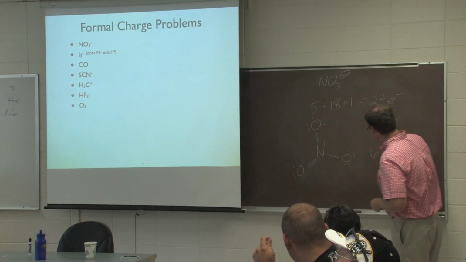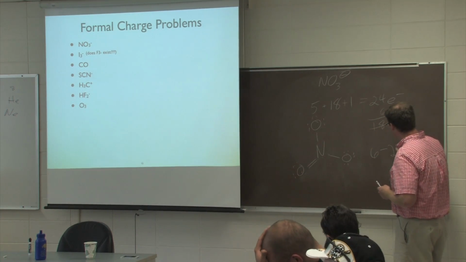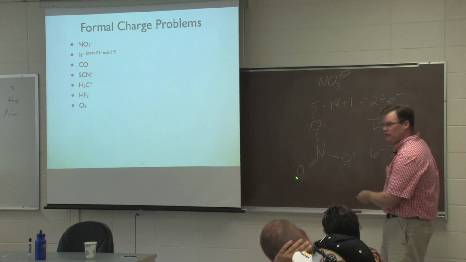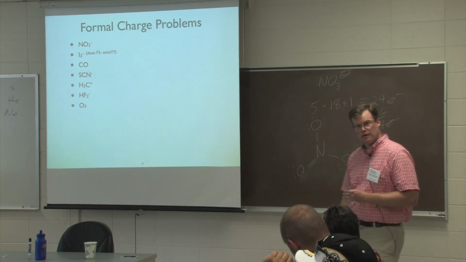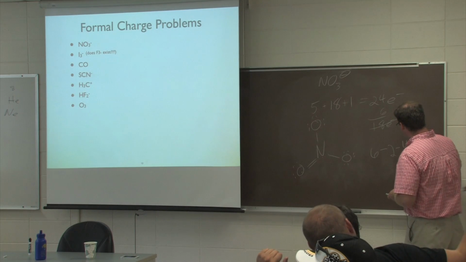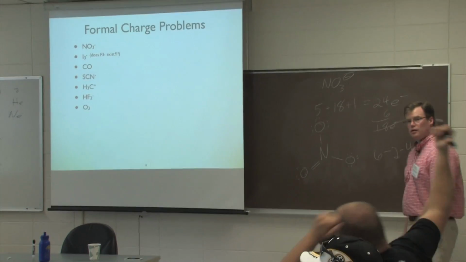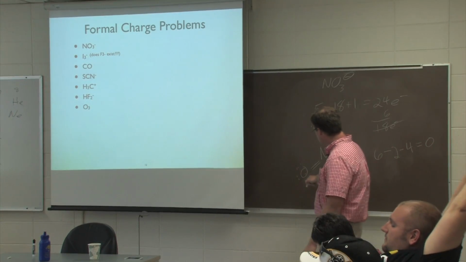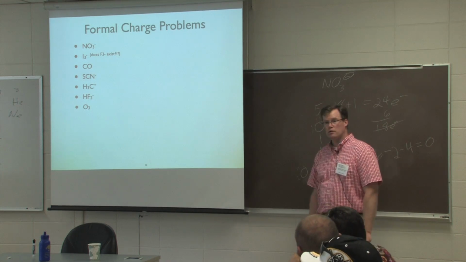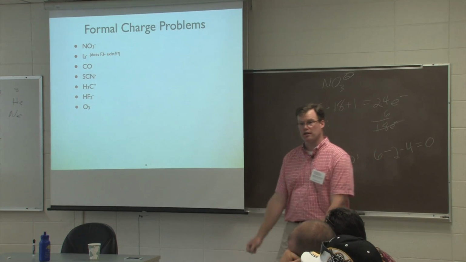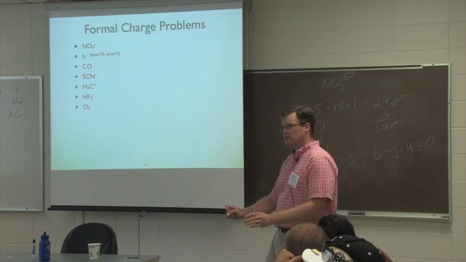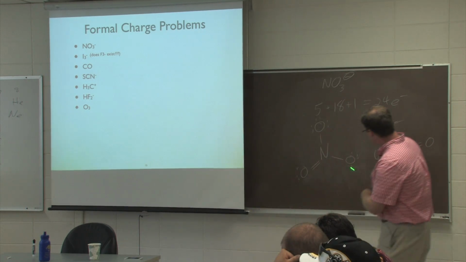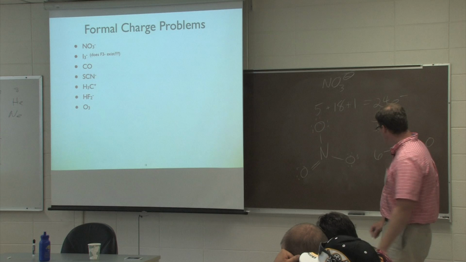So that's going to be 6 minus half of 4, which is 2, minus the total number of unshared electrons around it, and that's going to be 4. So 6 minus 2 minus 4 is equal to 0. So this oxygen here is neutral. You don't need to indicate a charge or anything like that on it. Does that make sense?